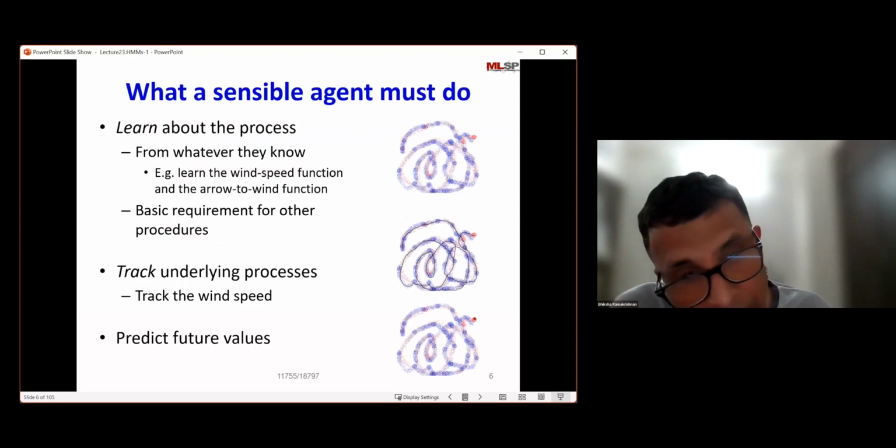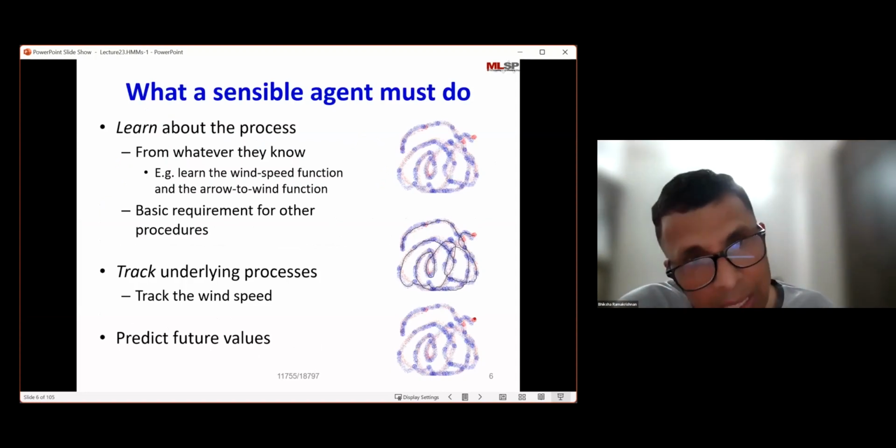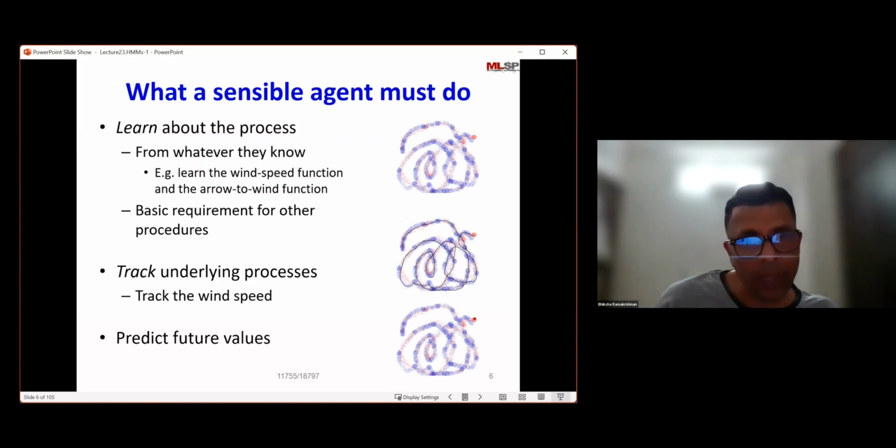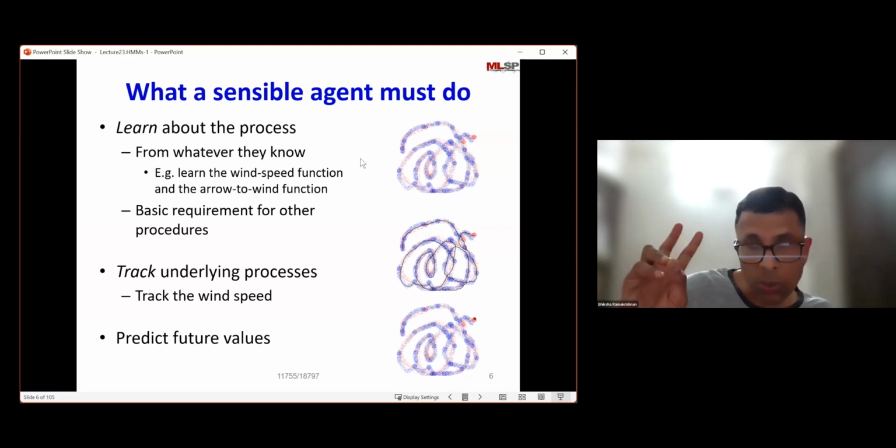And so our problem is to make predictions. So if you're an agent, if you're a sensible agent, here's what you would do. You'd first learn about the process, and you can only learn about the process from what you have observed. So in our wind example, you'd have to learn two things about the process. First, you would need to learn the wind speed function, and then you'd need to learn the arrow to wind function.